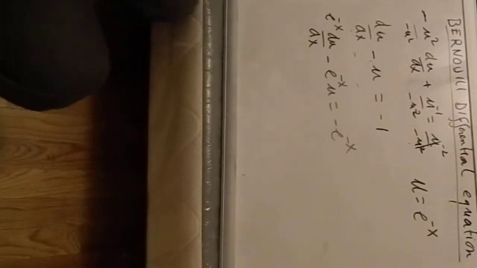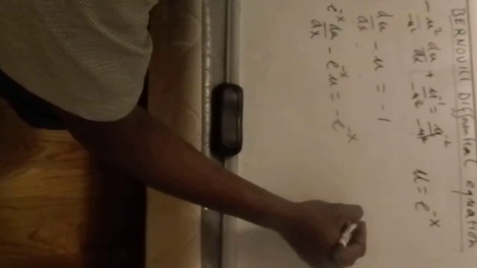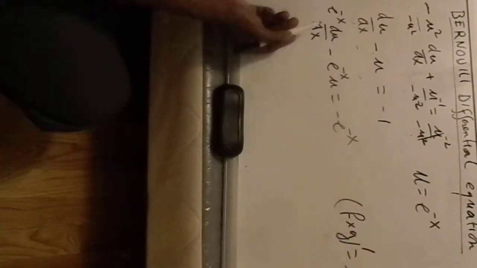Like I showed you before in the previous video, when you have the product rule, f times g, and I want the derivative of that, I'm going to give you f prime g plus g prime f. That's what you have here.